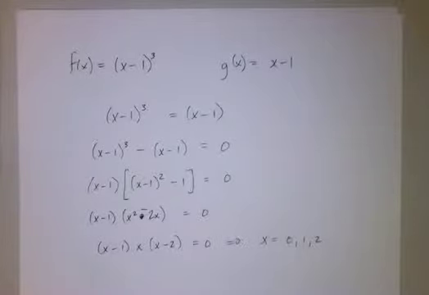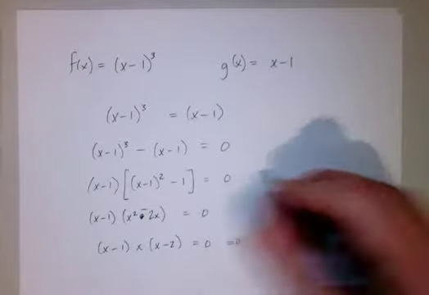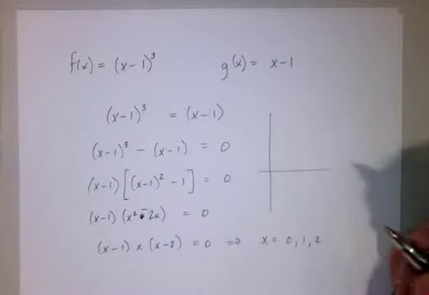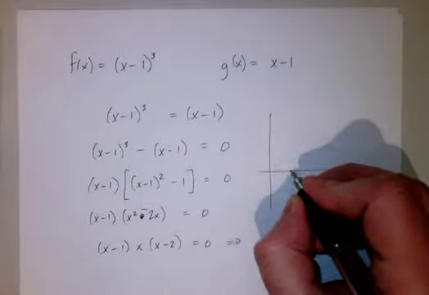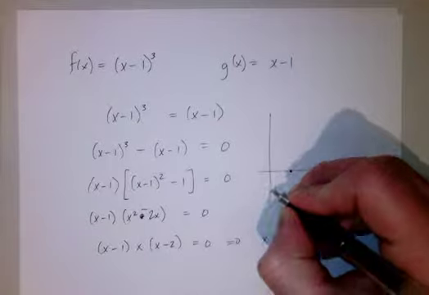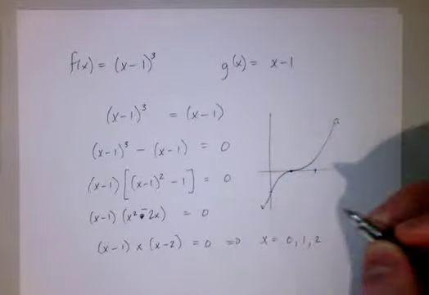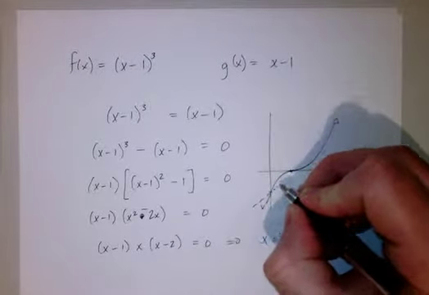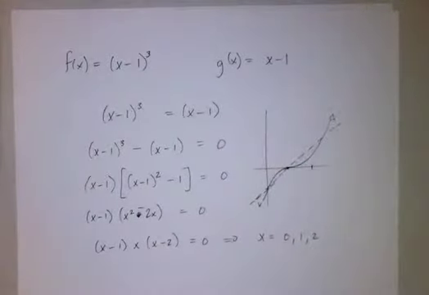We should recognize what this is right here. It's the parent of the cubics just moved over 1, and it should look something like that, and then x minus 1 should look something like that.